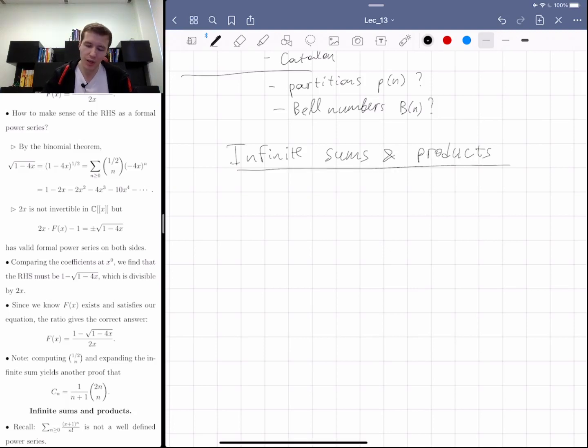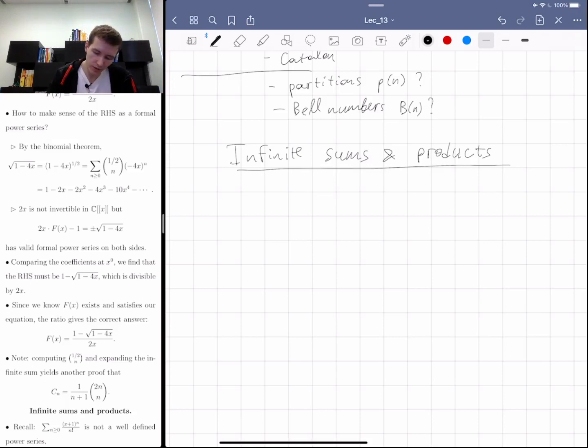By the way, all this business with generating functions was started by Euler in the 18th century, and he didn't really care to be exactly rigorous. So we're going to be just like him, except we're going to justify the methods. He got the correct answers, but the methods were not justified at that time.